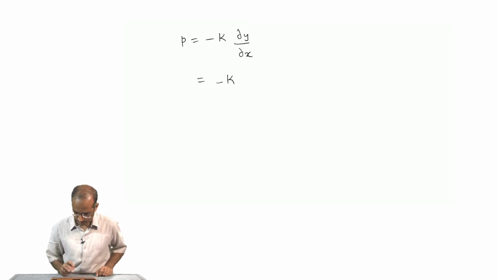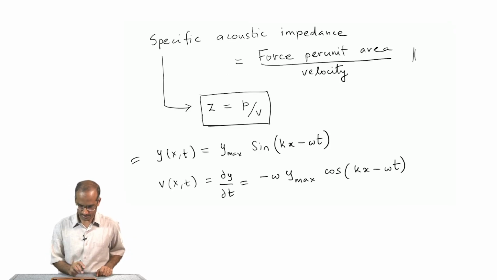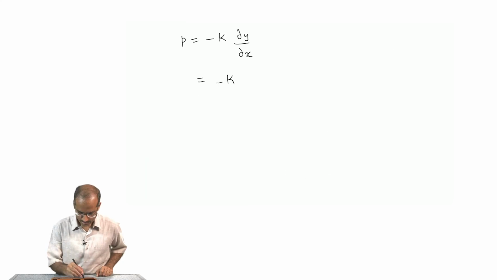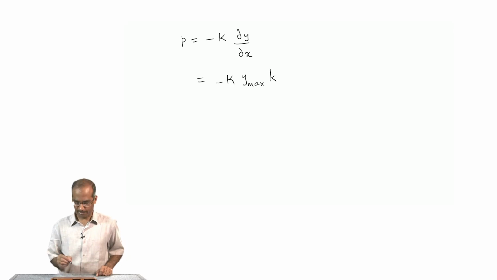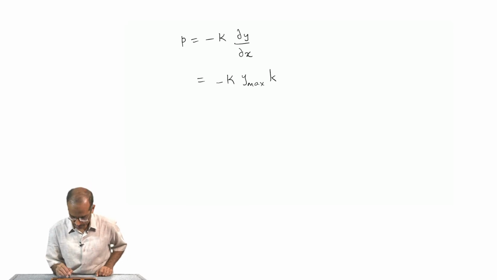So, P is minus bulk modulus times dou y by dou x. That will be minus K times dou y by dou x, which we calculate starting from this y here, and if I do that I am going to get minus K times y max times k, where k is of course the wave number, times cos(kx minus omega t).